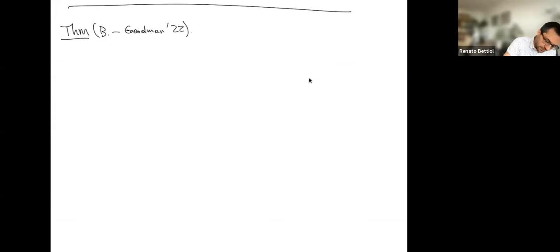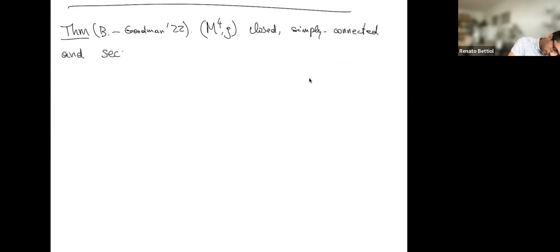So here's the statement. We have a 4-manifold, closed 4-manifold. Let's assume it's simply connected and has non-negative sectional curvature. If it has non-negative sectional curvature, there's a tau, right? Some tau exists.